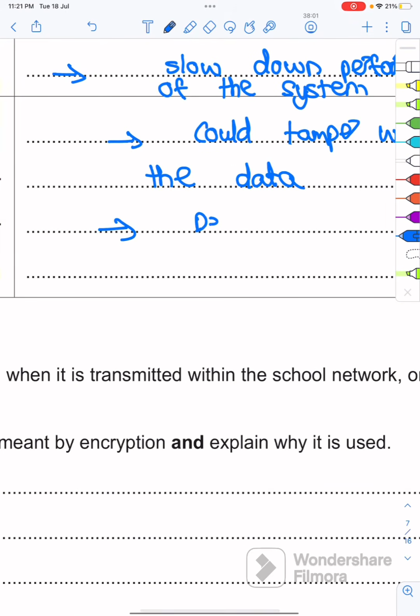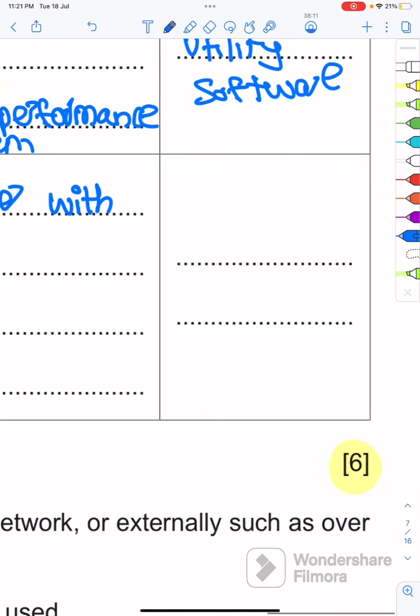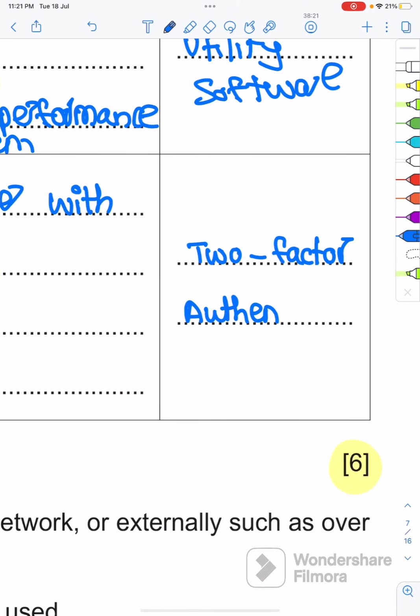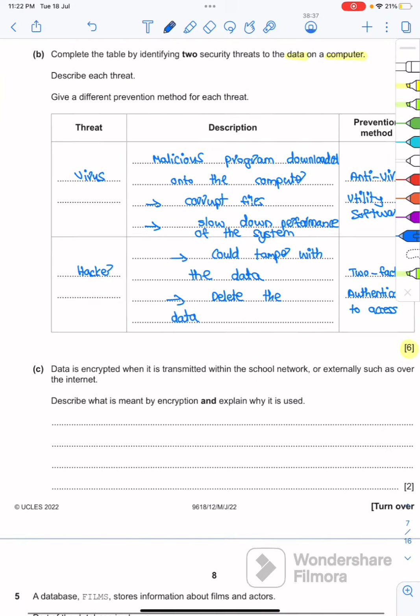Could delete the data, and anything else. So a prevention method would be 2-factor authentication, whether that be through a password, whether that be through biometrics, something, then it can limit the number of unauthorized users from accessing sensitive data.